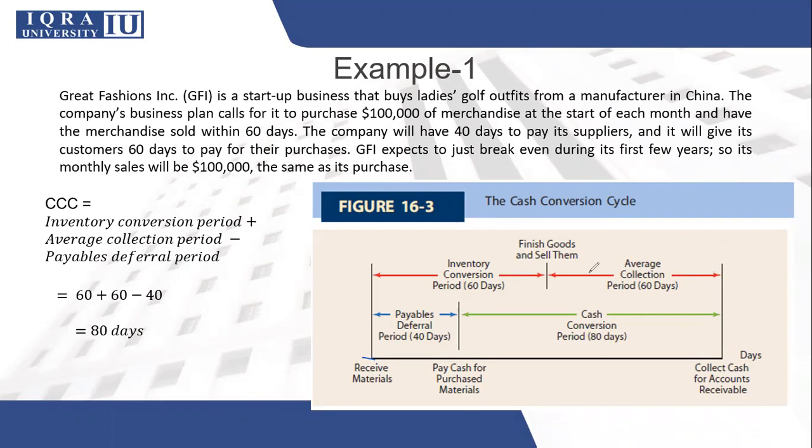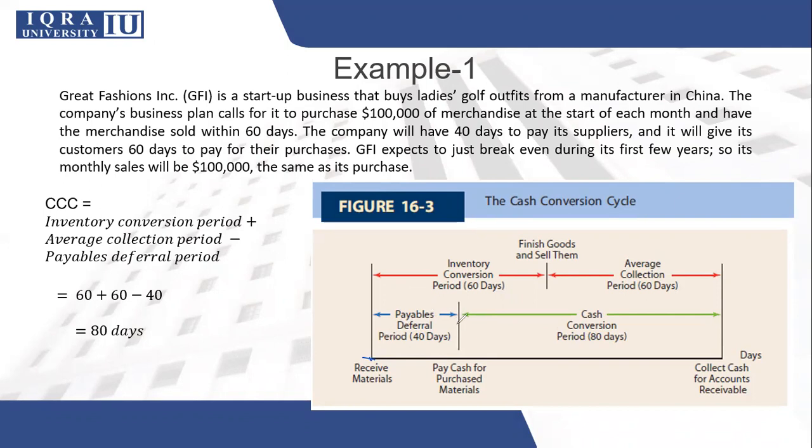However, you are also allowed a deferral of 40 days, which means you do not have to pay your suppliers the moment you get inventory. You receive the inventory over here, but you're going to pay for the inventory after 40 days. So this is a credit for you, because you do not have to pay for the materials immediately, and instead you have to pay after 40 days.